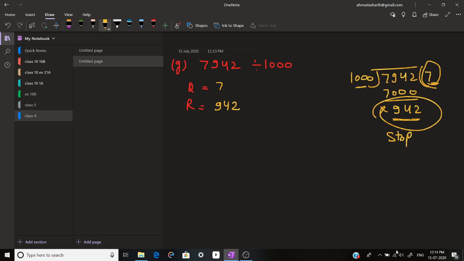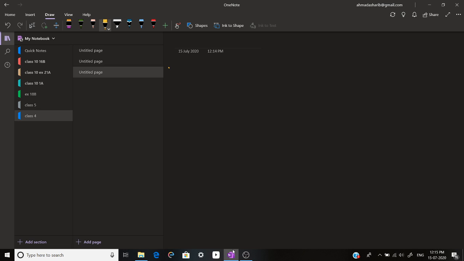Students, now question 2, copy and divide using both long and short division method. Question 2 is 367 divided by 40.